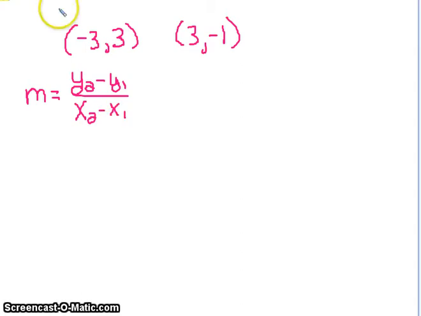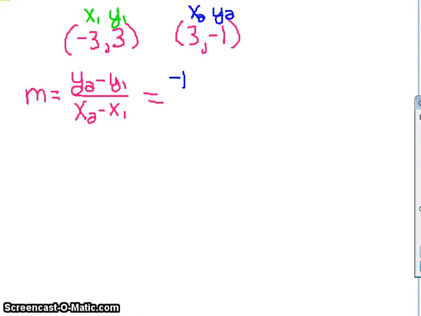I have my x1, y1, and I have my x2, y2. So when I plug in to find my slope, I'm going to have -1 minus my y1, which is 3.